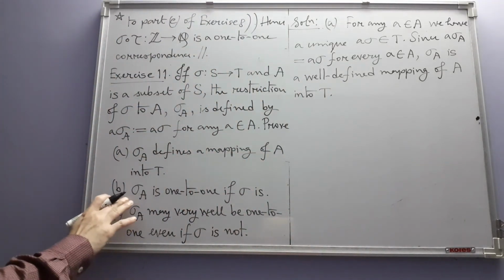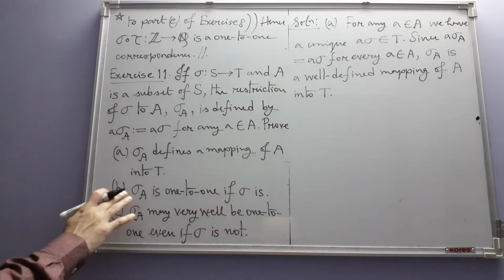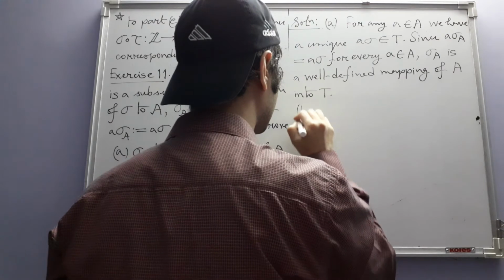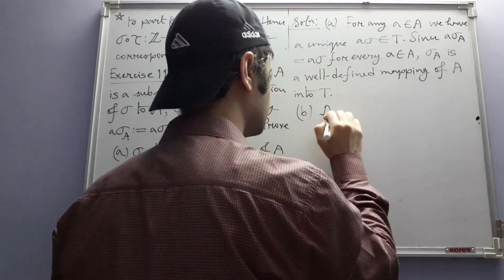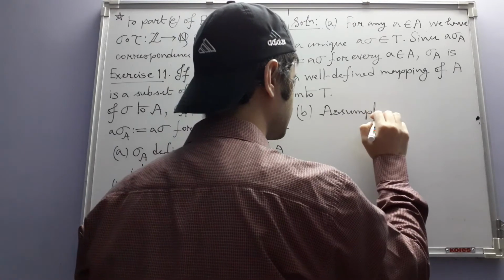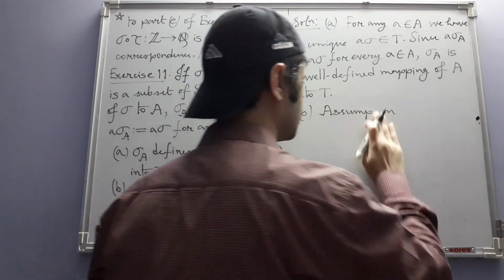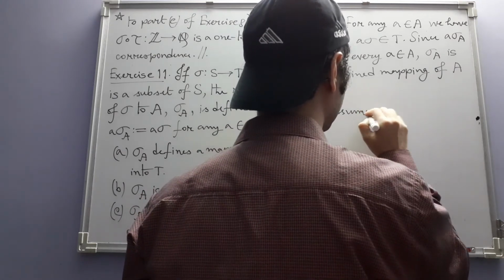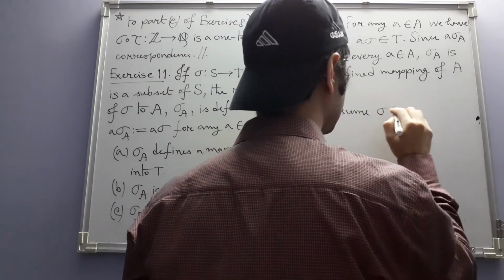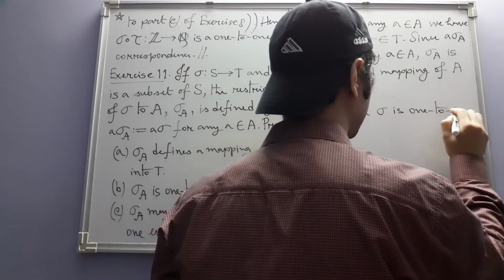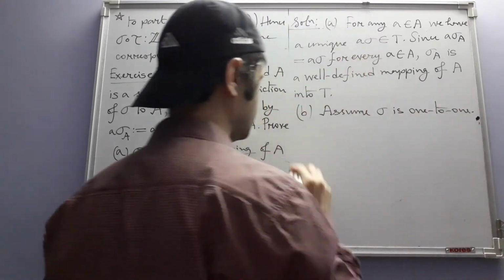Okay, then next we have to prove that if sigma is 1-to-1, then so is sigma A. So we make our assumption. Assume sigma is 1-to-1.